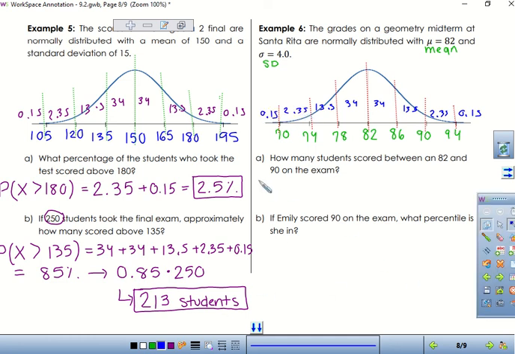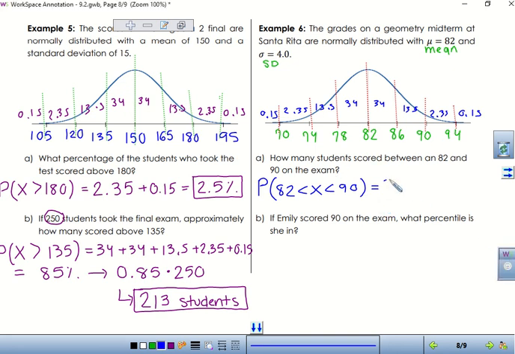So the probability that a student scored between an 82 and a 90, we're going to calculate that before we can calculate how many. What would I be adding up for this one? Good. 34 plus 13.5 are the only two I'm going to be adding, which comes out to be 47.5.